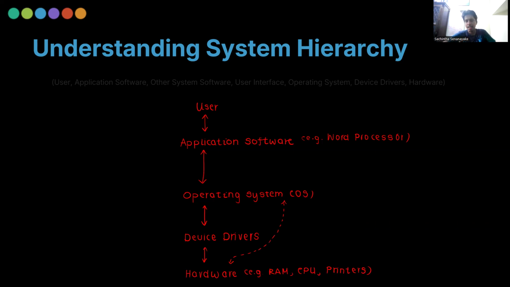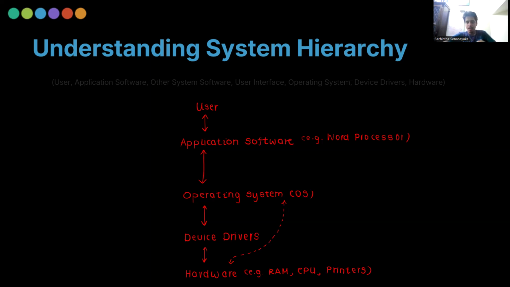But device drivers are most often relevant, especially when it comes to peripherals like printers and even things like displays and keyboards and mice. Most peripherals require device drivers, whereas built-in hardware, stuff on your motherboard, RAM, CPU, may be directly controlled without the requirement of a device driver. But that's the overall process.